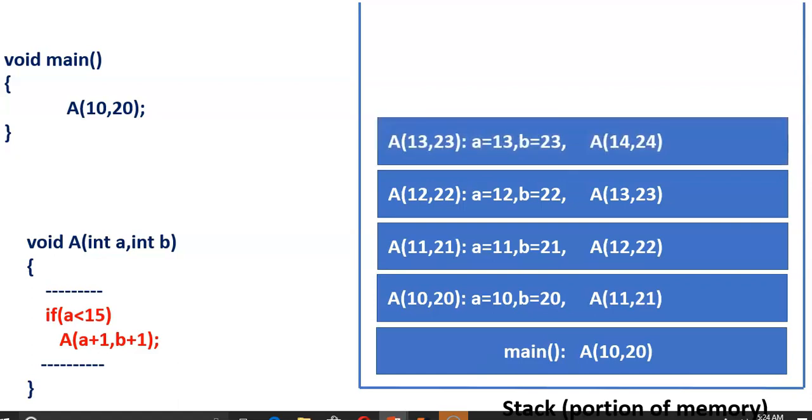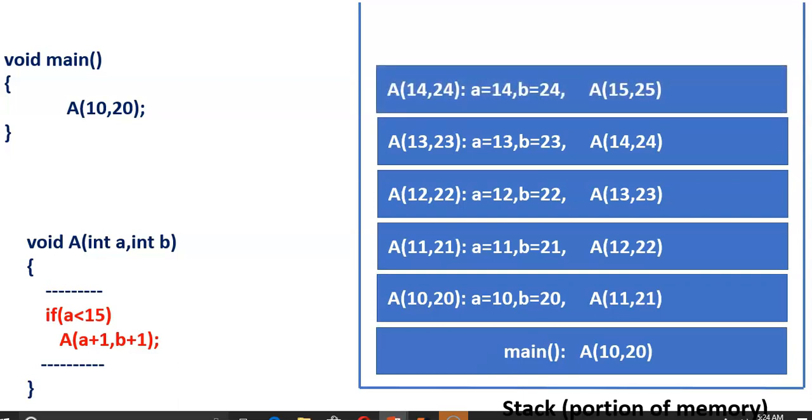Another copy of a function is created and the local variables a and b are allotted memory locations. Again a is less than 15, that is 13 is less than 15, so again it will call a function with values 14 and 24.